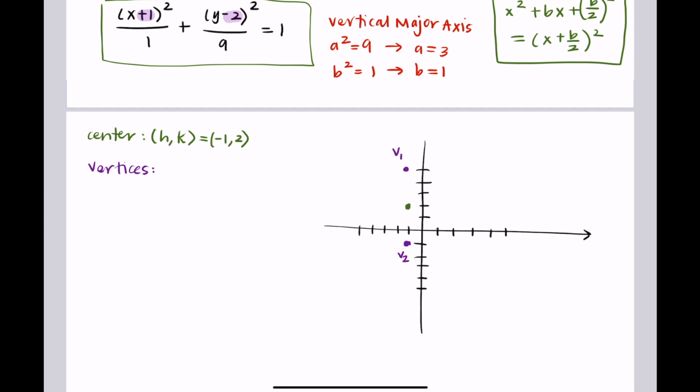They have the same x value, but different y values from the center. So we would have h comma k plus or minus a, which is negative 1 comma 2 plus or minus 3, which gets us negative 1, 5, and negative 1, negative 1 as our two ordered pairs for our vertices.